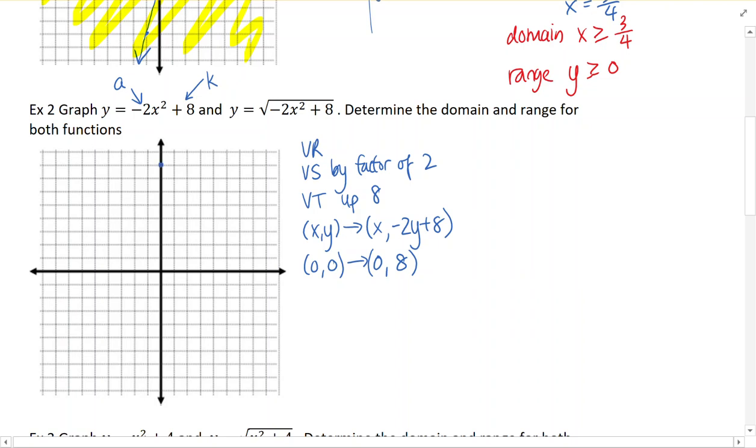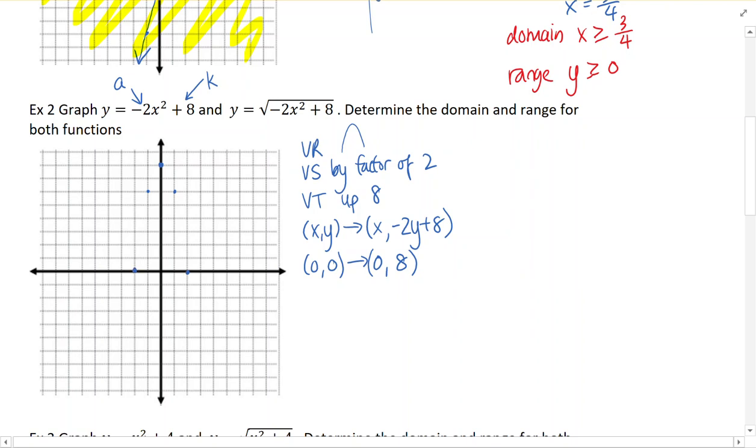At this point, we know that it's a vertical reflection, so our parabola will be upside down, and is stretched by a factor of 2. So instead of 1, 1, it's now going to be 1, 2, and it's going to go down. And instead of 2, 4, it is now 2, 8. So 8 is to here.